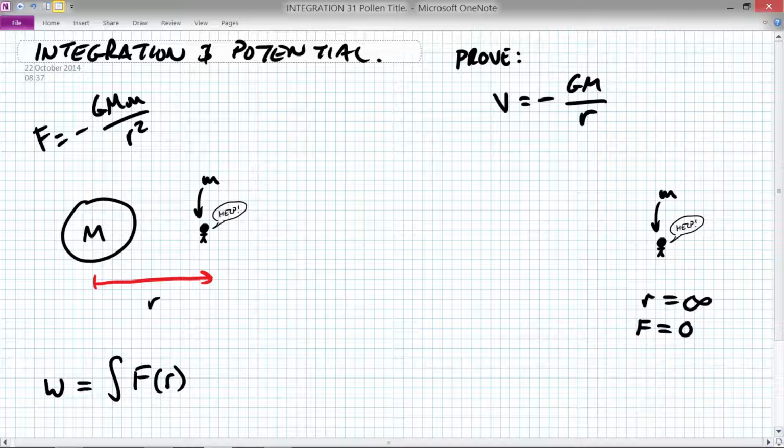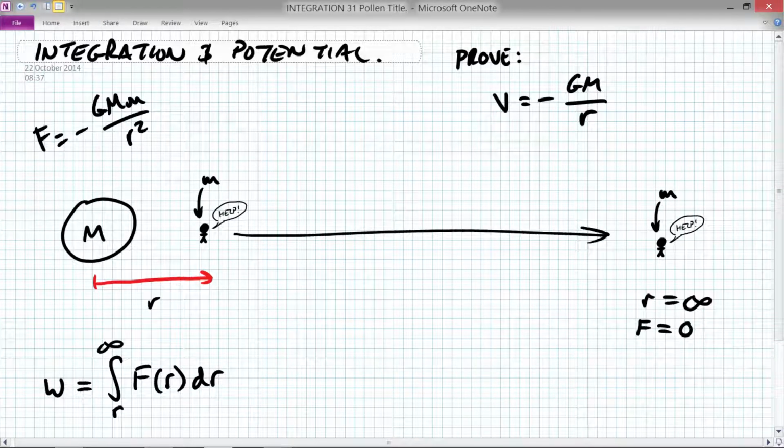So it's going to be an integral with respect to distance, which is radial. It's r in this case. And it's going to be from a radius r all the way to r is equal to infinity. So that's how you calculate the work done in actually moving this guy from there to there.